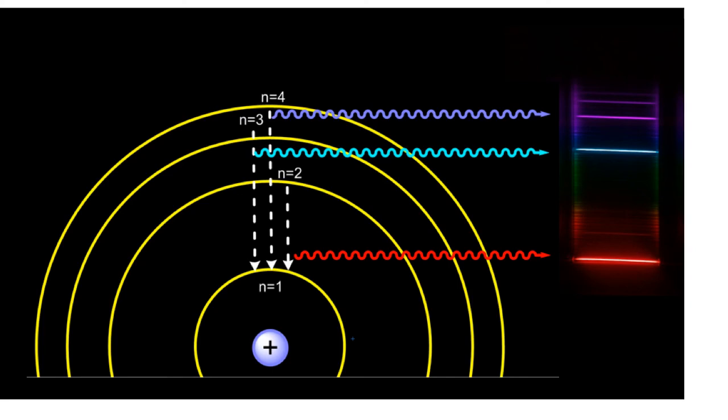Now, what if the electron was at a higher energy state, say n is equal to 4? That's the highest potential I have on this diagram. And because of that, the gap between n is equal to 4 and n is equal to 1 is much greater. This is like if we dropped a ball from, say, the top of a skyscraper. When it hits the ground, it releases a lot of kinetic energy. And just like that, the electron, when it falls this far, emits a photon of very high energy, in this case, violet.